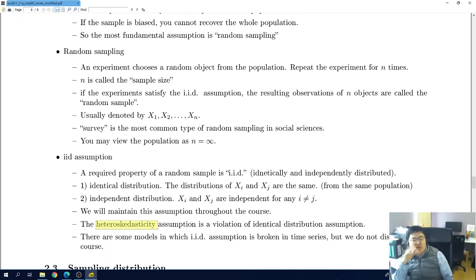So the IID assumption is broken, and how to handle time series is another question. I'm not going to cover that in this course. If you're interested, you are going to take a time series course later, and that will cover this topic. The video has become a little bit longer, so I'm going to stop here.